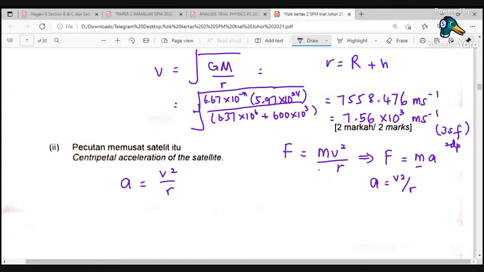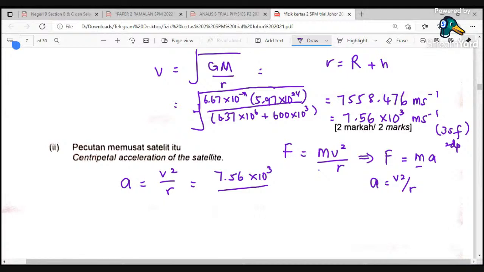Okay, so you gantikan saja value yang dapat dari atas tadi. Gantikan nilai ini. 7.56 times 10 power 3, squared, divided by r. The r you must plus this one.